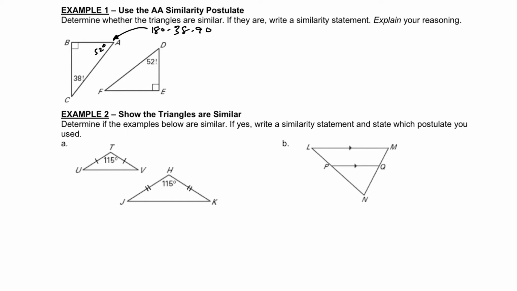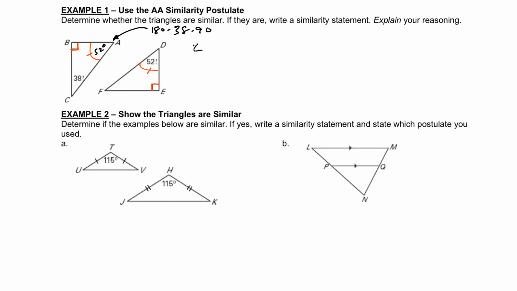Now we can see we have two pairs of angles. The pair of 90-degree angles are congruent to each other, and we have this pair of 52-degree angles that are congruent. So we have two pairs of corresponding angles that are congruent.